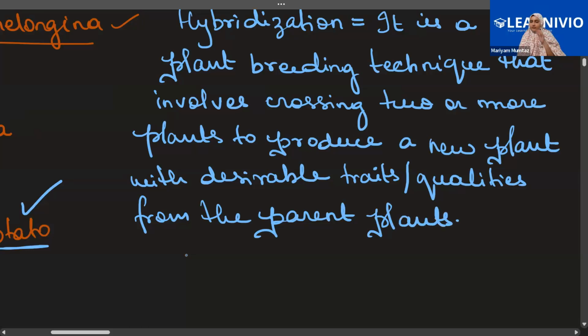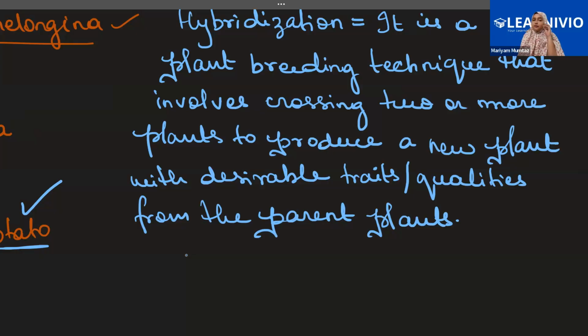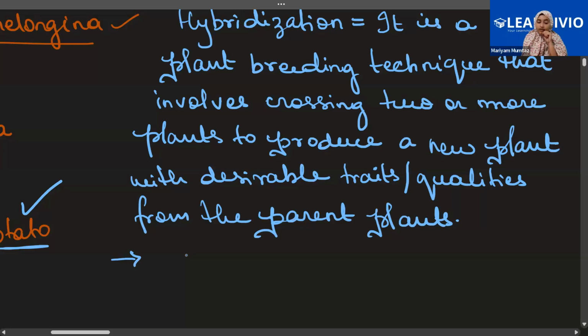It's a very, very long procedure through which we can develop a superior variety of plants. And this hybridization is one of the most important things that is used for improving the crop variety.